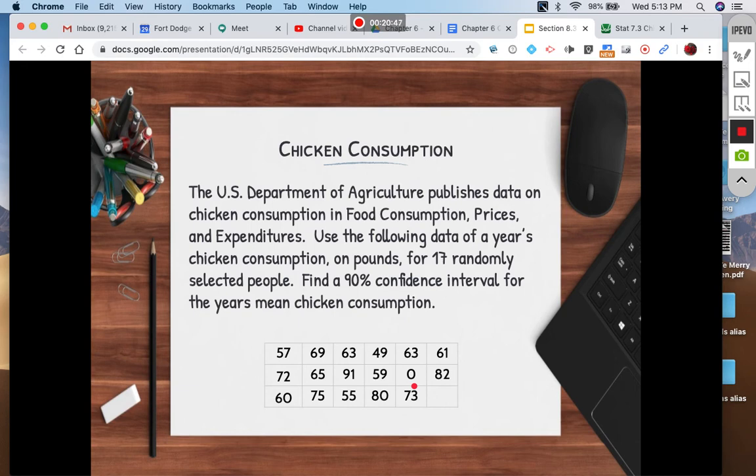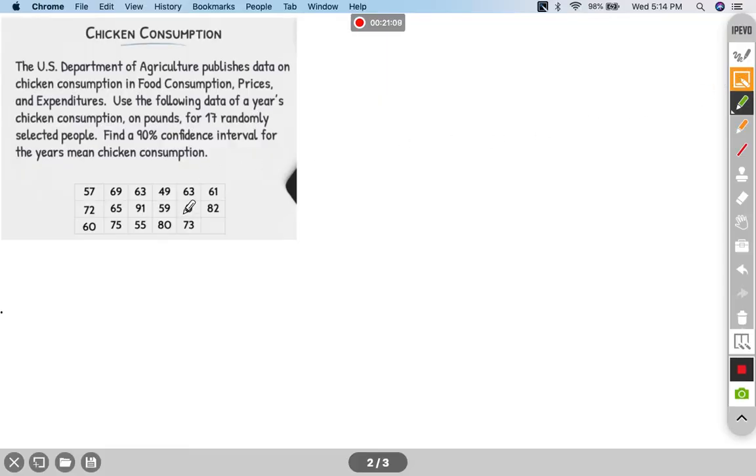Unless we're looking at a different set of data on whether you eat chicken or not, we can limit our population to people that eat chicken. If you put a 0, you don't eat chicken, we don't count that. So we can justify taking this out and looking at it without that outlier.